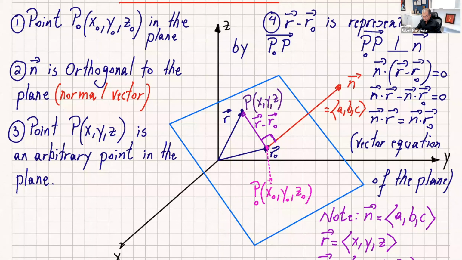Then I just want you to notice we have the vector r, a position vector from the origin, or it's OP. So it's this vector. And we've got vector r naught, and I can probably put it here.